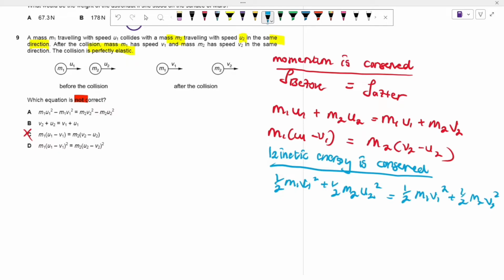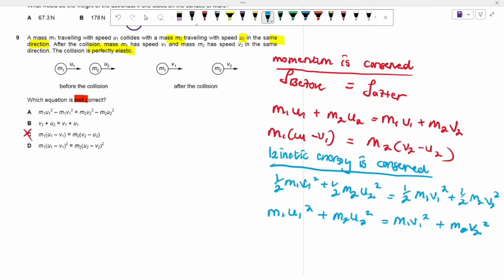If you multiply throughout by 2, you have m1 u1 squared plus m2 u2 squared should be equal to m1 v1 squared plus m2 v2 squared, right?